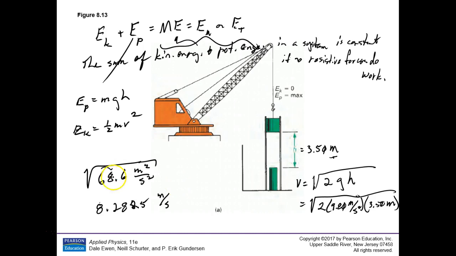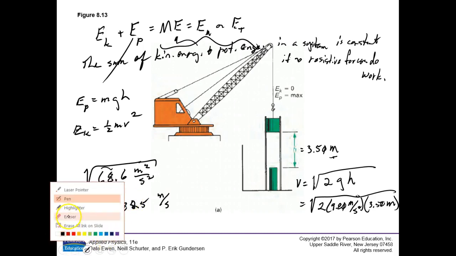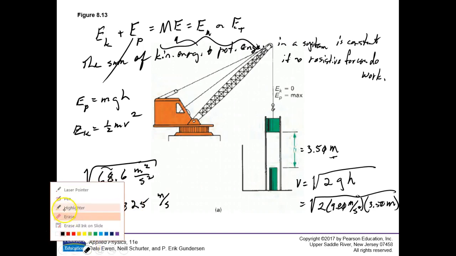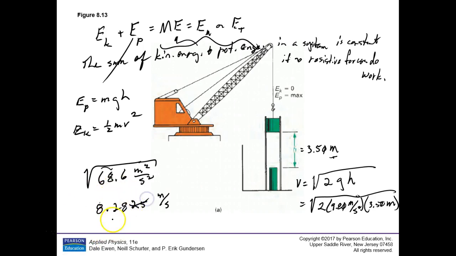Now you've got too many digits there. How many do we need? 3. 1, 2, 3. Look to the right. That's a 2. So what happens to it? You drop it. So that would be 8.28 meters per second.